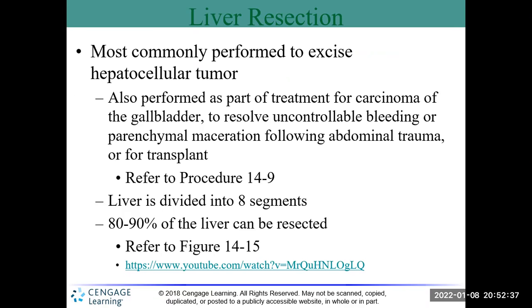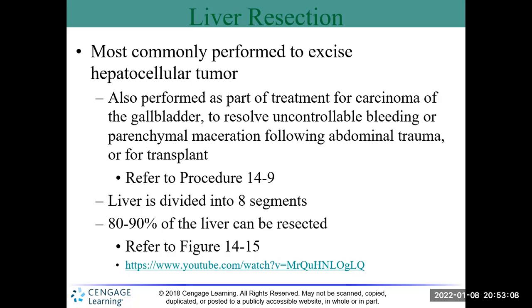The procedure, liver resection. So this is the most common way that the tumors in the liver are removed. And so this can be either carcinoma of the liver or the gallbladder, but it definitely is used for cancer of the gallbladder, because that way they're able to take out just that section that's connected to the gallbladder.